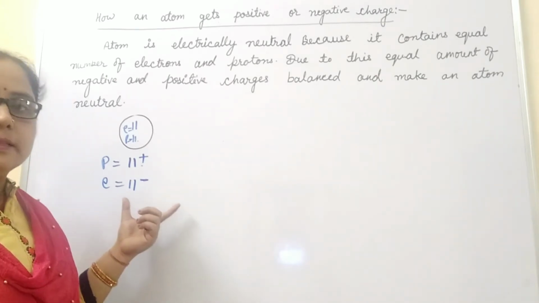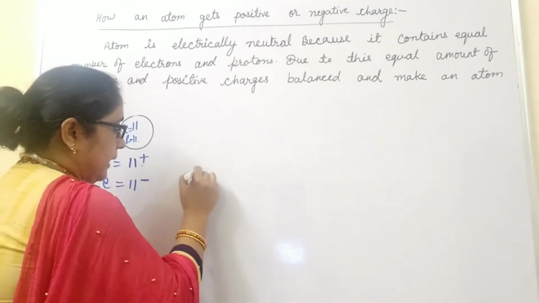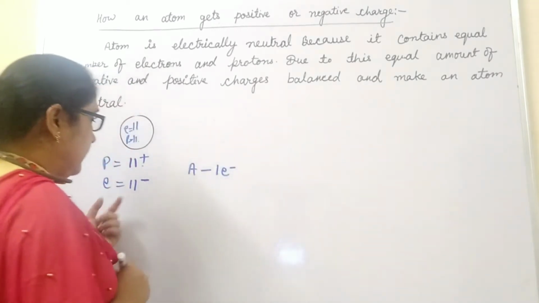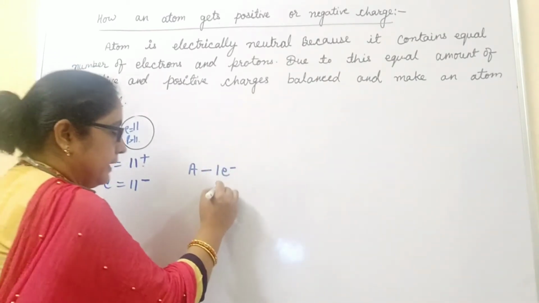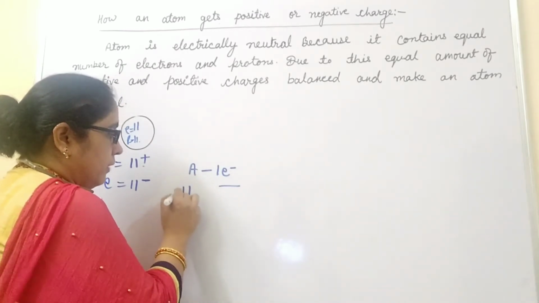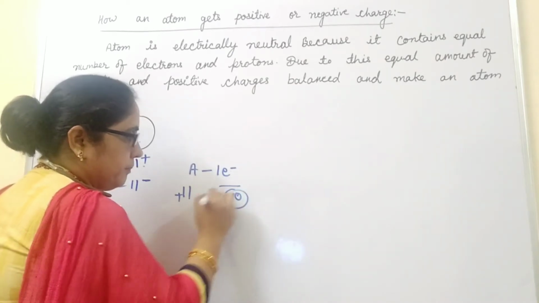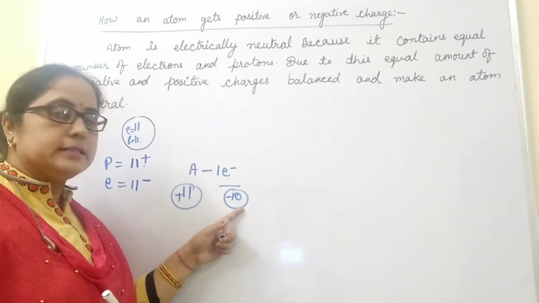But if an atom loses one electron, it means it loses one negative charge. And when it loses one negative charge, the amount of positive charge will be 11 while negative charge will be minus 10.